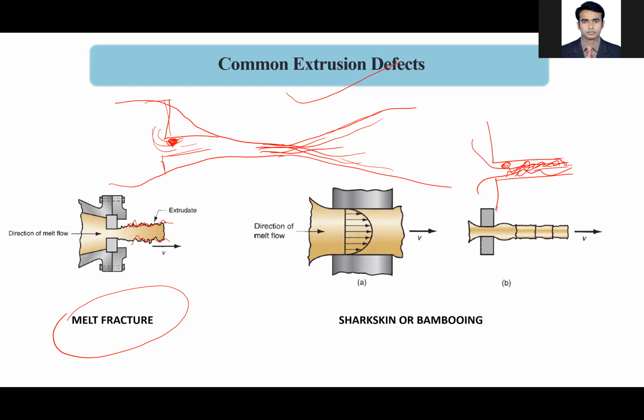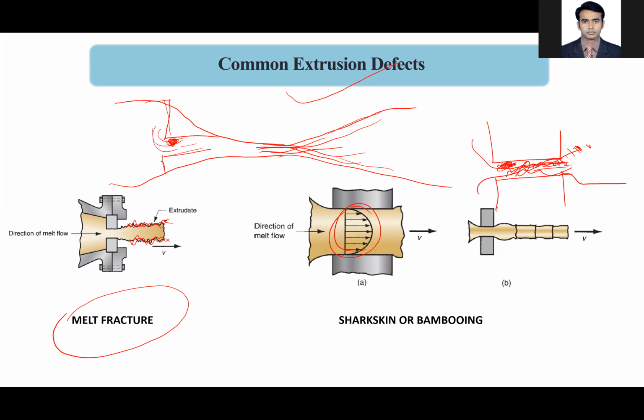Because of this, the surface actually fractures. There are two stresses acting when it comes out of this. This material stays there and does not move, and this material moves due to the shear stress. If you look at the shear stress profile, tension occurs on the surface. When coming out of the die, due to the tension, fracturing occurs at different points, and because of that fracture the surface becomes irregular.